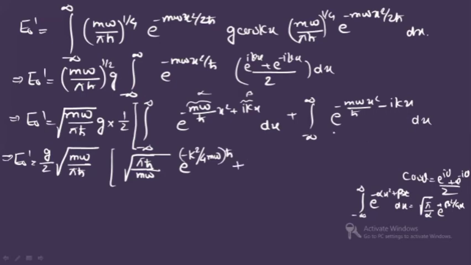Plus the second term we will see. So here also it was root over pi h cut by m omega. This is pi by alpha, right? And in this case you will have e to the power beta square. Here beta square is minus ik whole square.